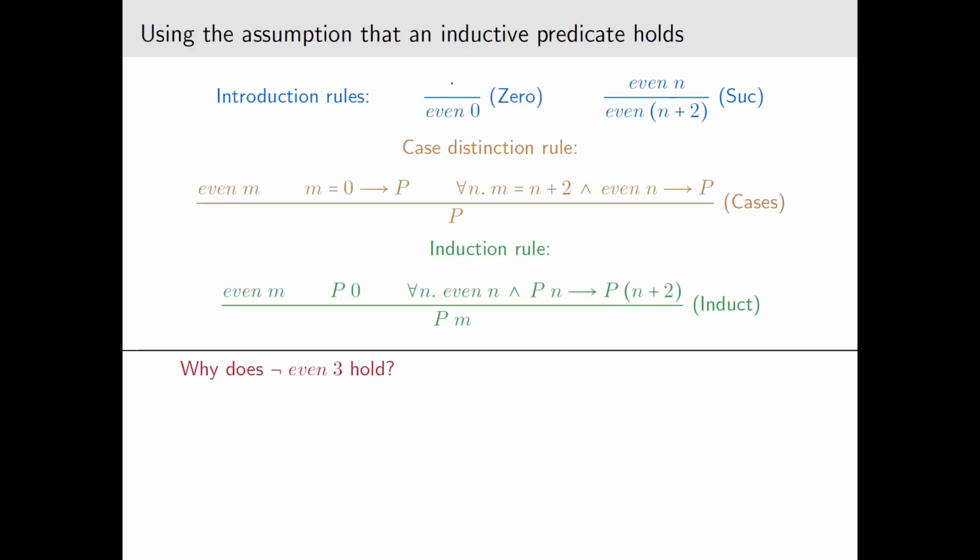How do we prove that even of 3 does not hold, or not even 3 holds? How do we prove that our predicate is not true? Blue, brown, or green?